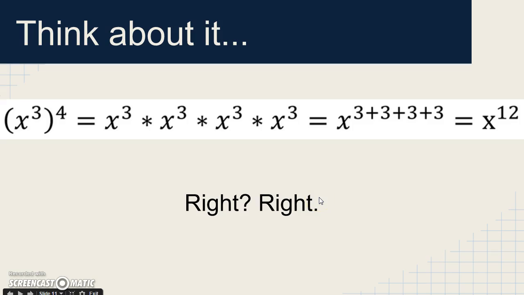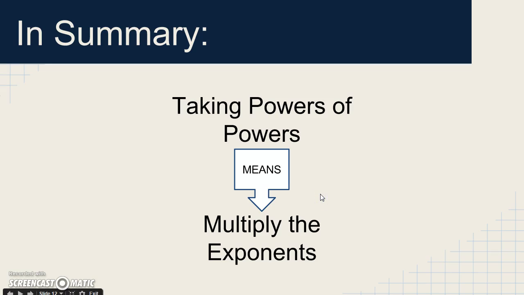Right. Okay, pause for notes. Let's continue. In summary, taking powers of powers means multiply the exponents, okay? I'll pause again so you can write that down.